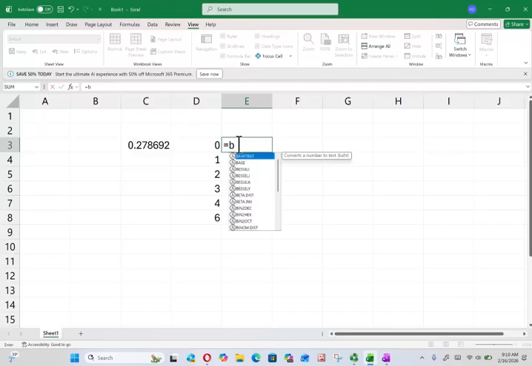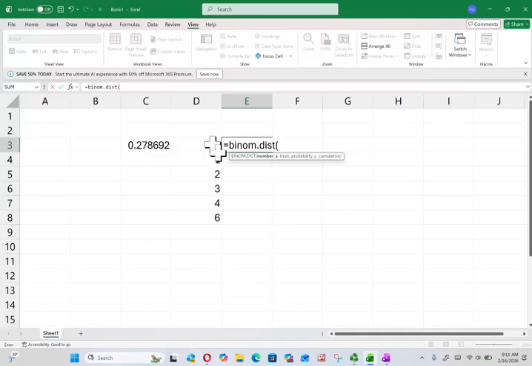So equals binom.dist. And if you forget a command, go to the help or look online, say, how do I do binomial in Excel? And it'll give you all the explanation you need. So you don't have to remember any of these commands.